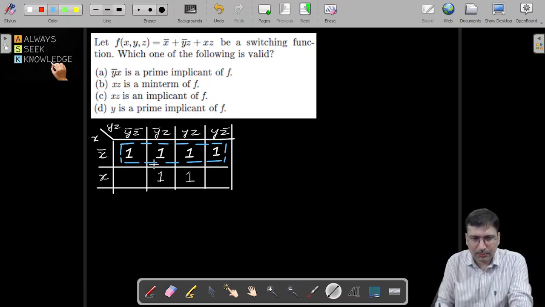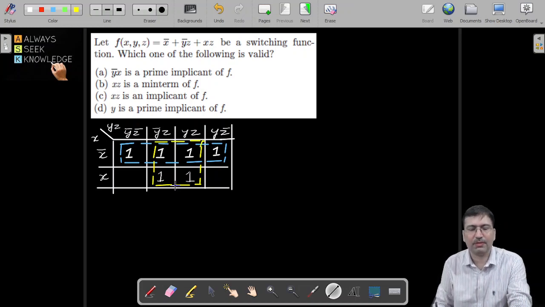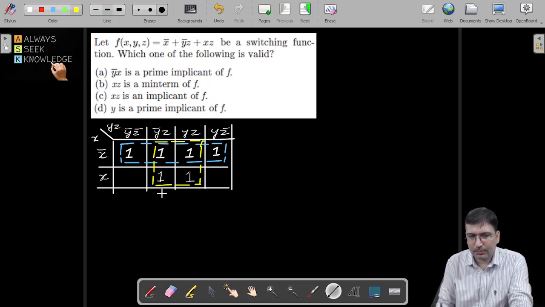So this is one possible pair which we can have. Another pairing we can do of these four ones, and it can be paired like this. This is another grouping which we can do. So these are the largest possible groupings.